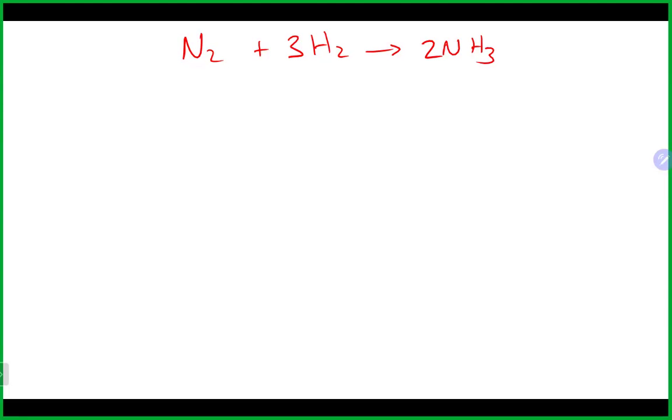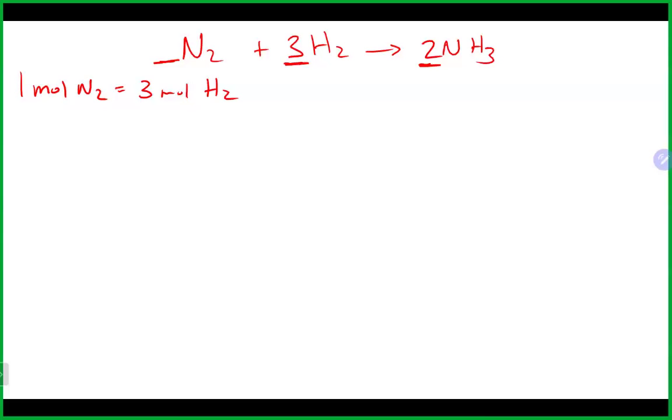But using the coefficients here, we could come up with some relationships for this particular equation. We could say for every 1 mole of N2 we put in there, we get 3 moles of H2 out. And once again, they are equal to each other like an equality, but obviously the numbers don't equal each other.